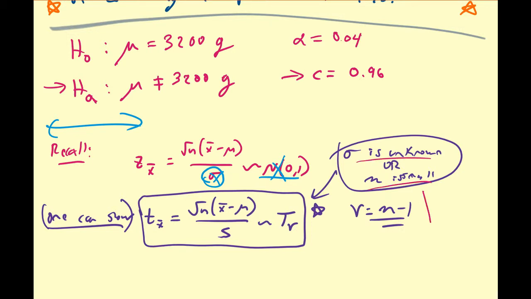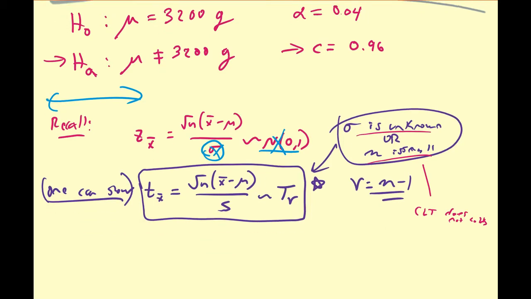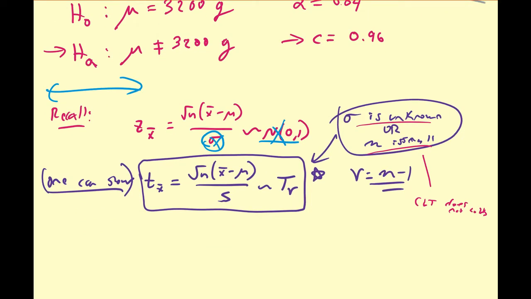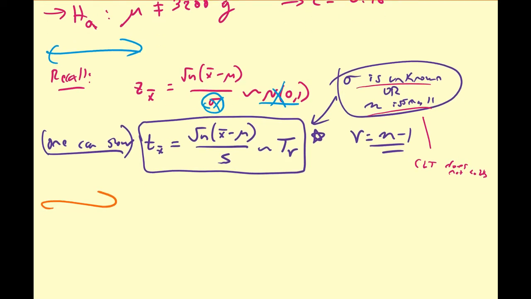If n is small, that implies that the central limit theorem does not hold. So the sampling distribution of the sample means is not necessarily symmetric. The t distribution is going to allow for some differences in your approximation. All right, so with this being said, let's get back to calculating our confidence interval.